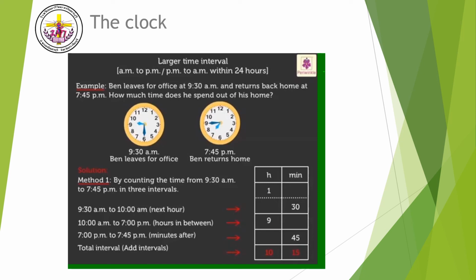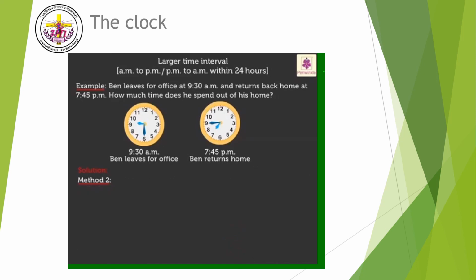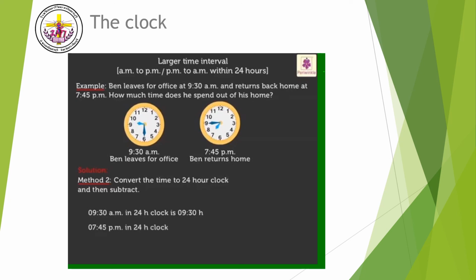Now, let's solve the example with method 2, that is, convert the time to the 24-hour clock and then subtract. Firstly, convert 9:30 a.m. to the 24-hour clock time, which is 0930 hours. Now, convert 7:45 p.m. to the 24-hour clock time, which is 1945 hours.